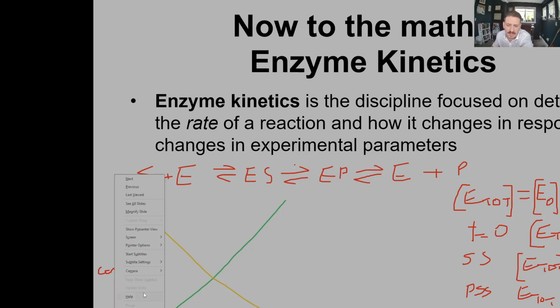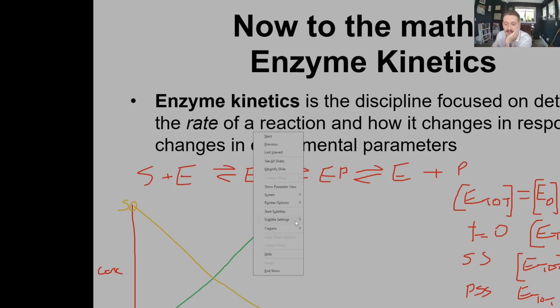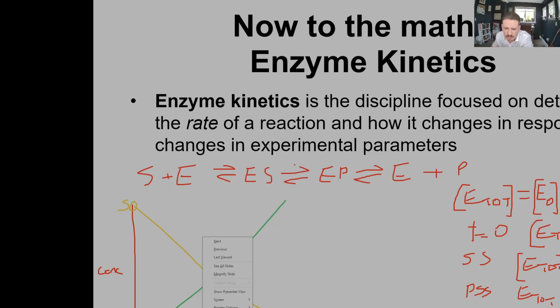And so if we go back to our graph, I'm going to draw in a dotted line, and this is going to be E total. At the beginning of the reaction, let's go for light blue, this dark blue is not going to show up well.